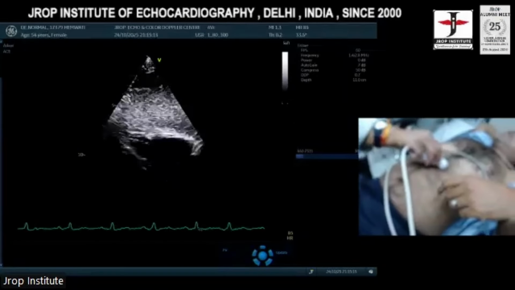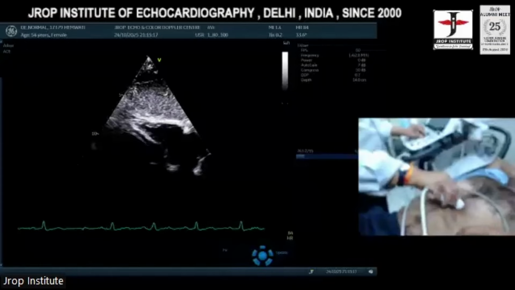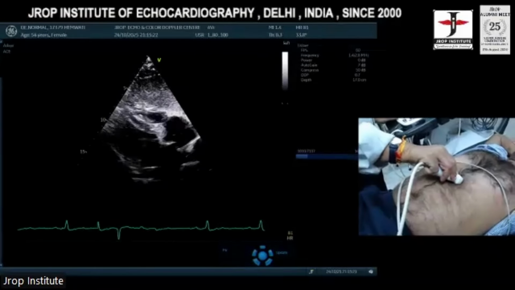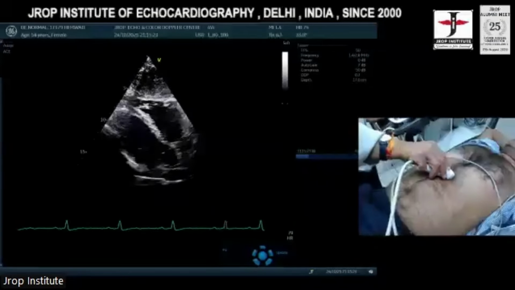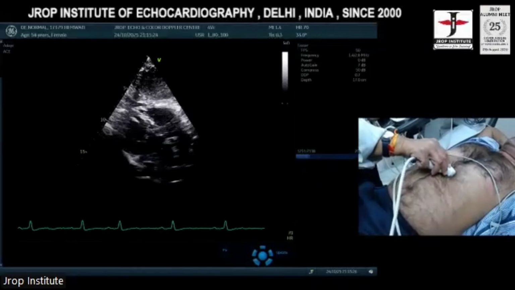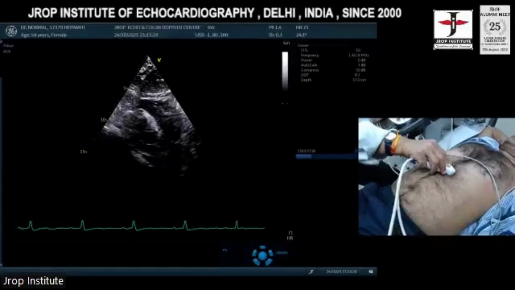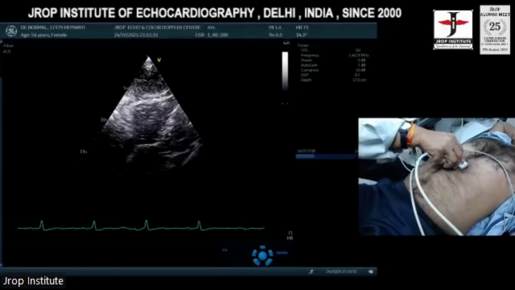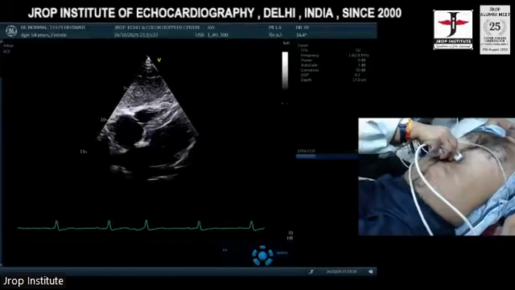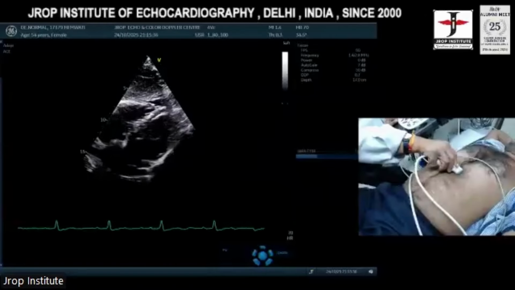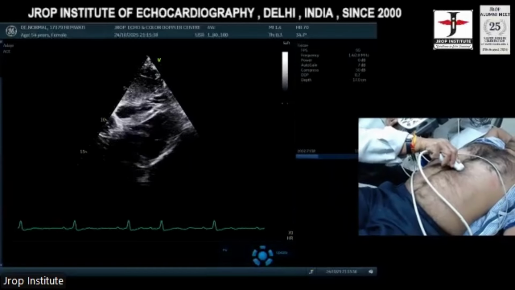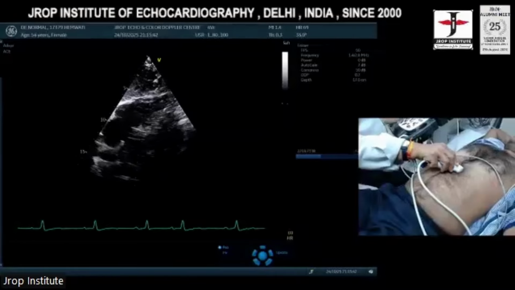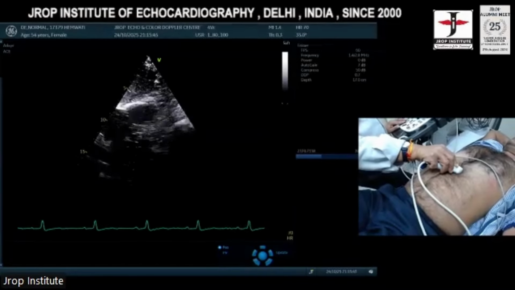You can get everything from everywhere. Now here is a PLAX view. I can show you everything from the subcostal window. Don't worry about it, but at your level, please do not get into it. Let's remember the normal views. So this is my four chamber view. Correct. So if I open up my aorta over here, somewhere here the aorta will open up.